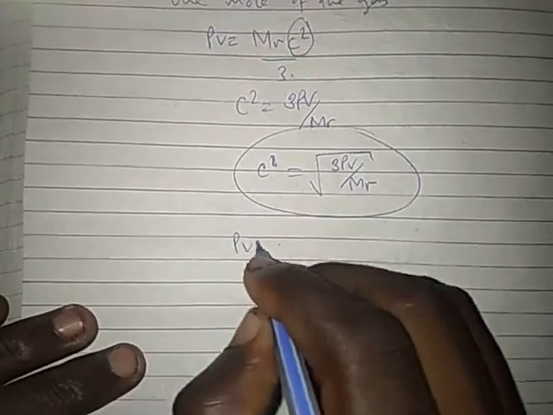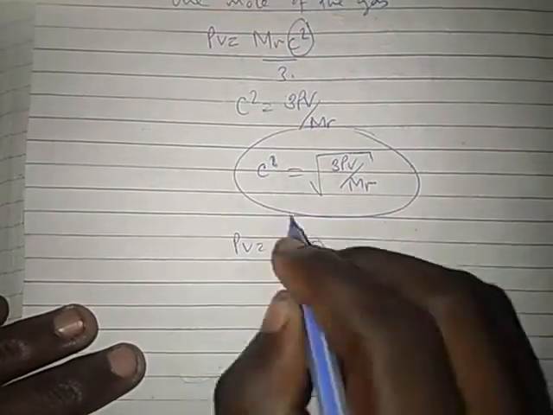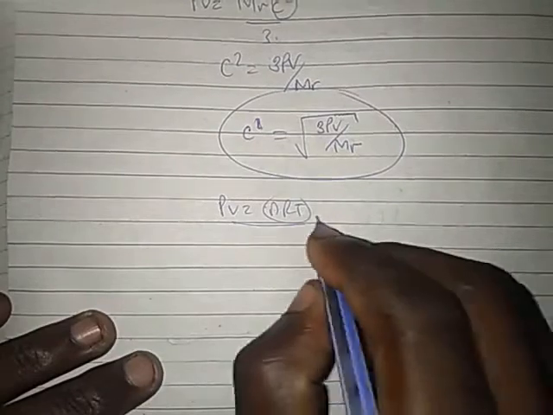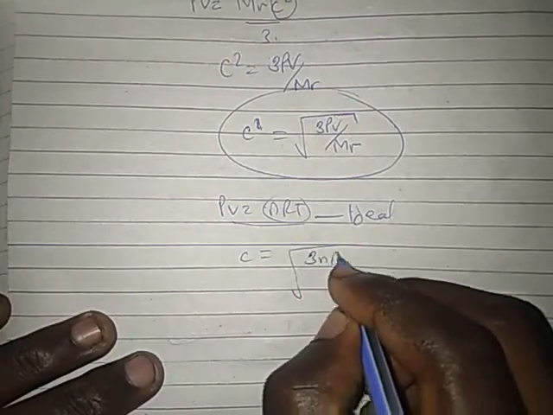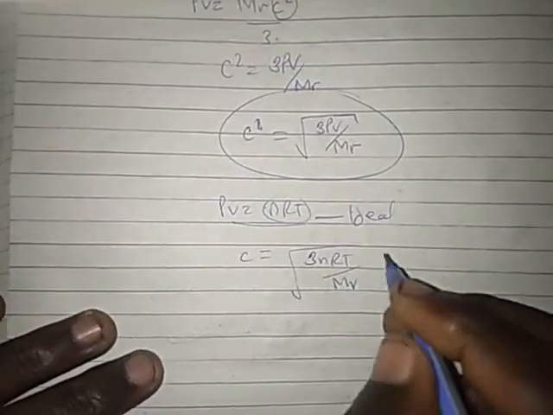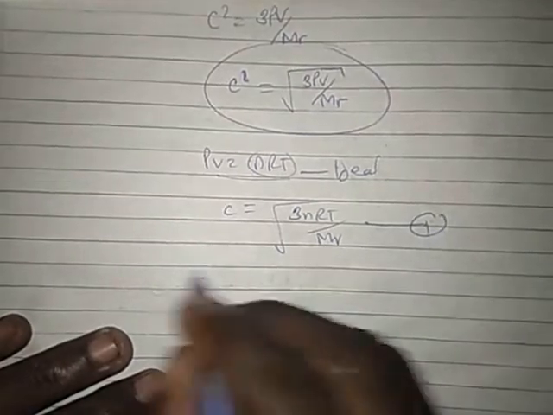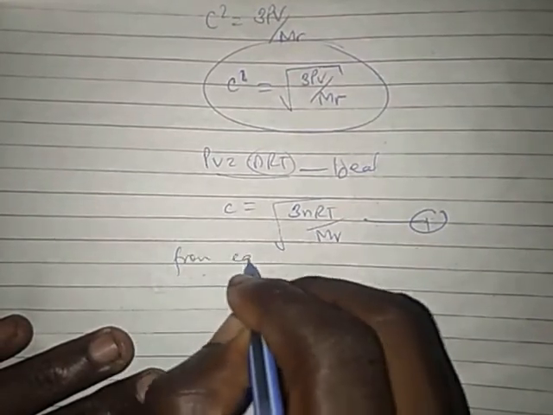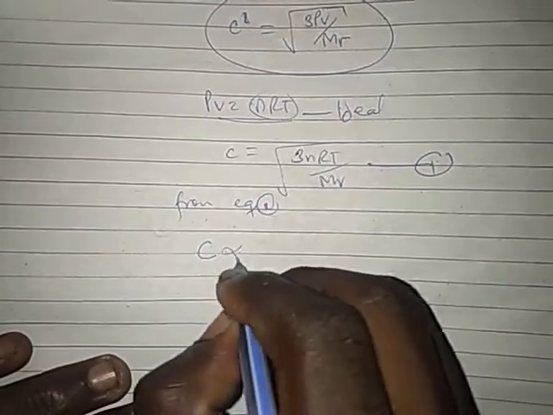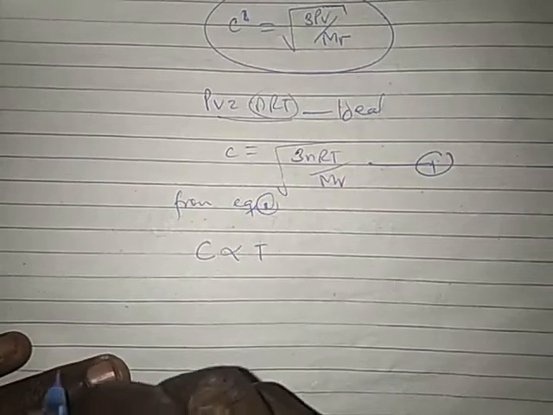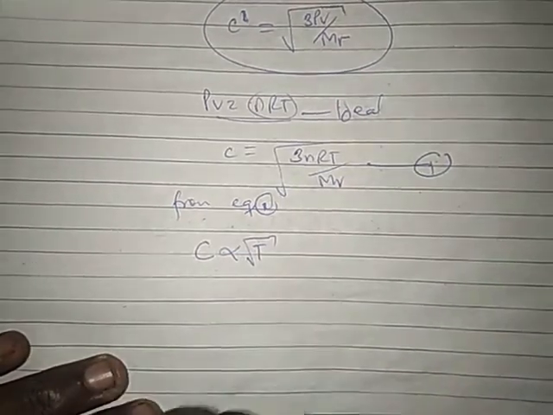Now here we can say that PV is equal to nRT from the ideal gas equation. So C is the square root of 3 nRT divided by molar mass. Now, looking at this equation 1, it shows that C is directly proportional to what? To the square root of the temperature, keeping other factors constant.